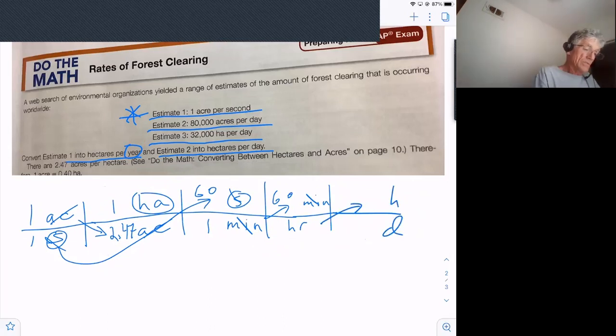So there's 24 hours in one entire day. So my answer, I'm done because I'm left with hectares over days. All the other units got canceled out. That's what I wanted, hectares.